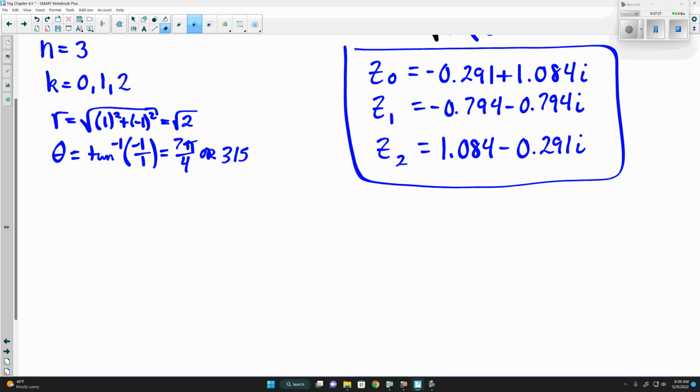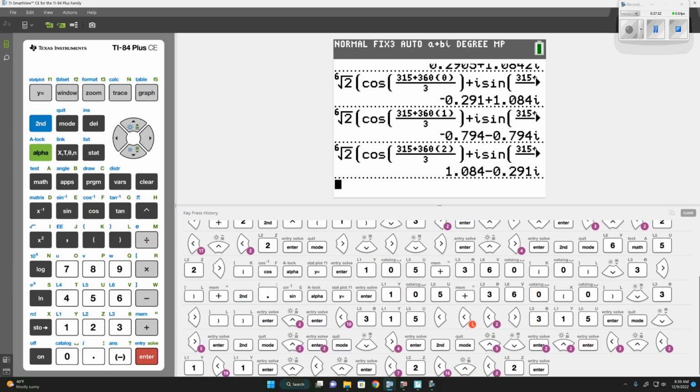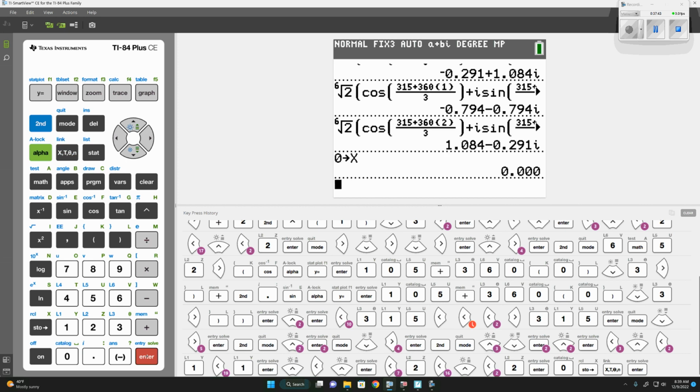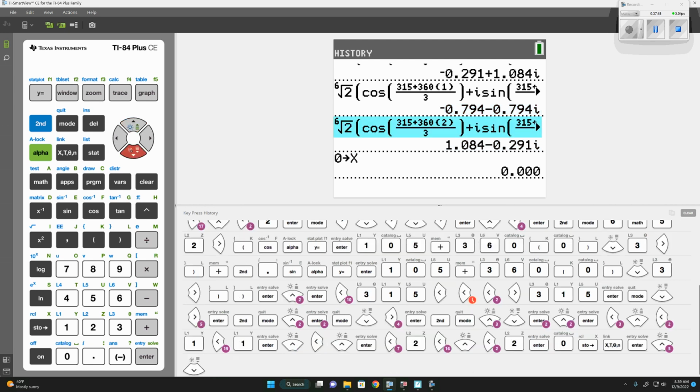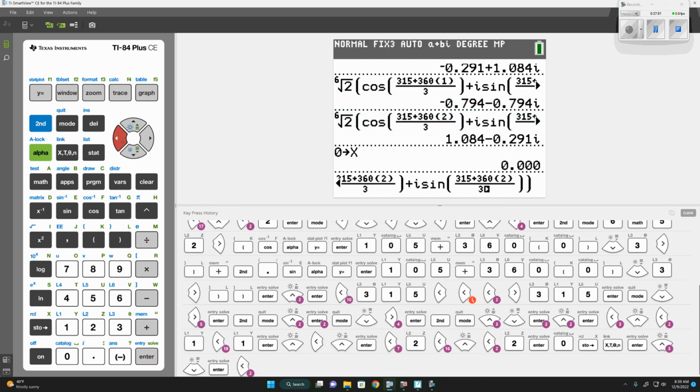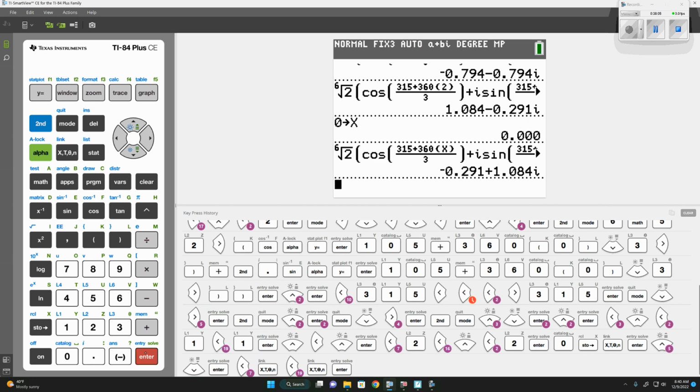There are different shortcut ways we could have done this. When I say shortcuts, it's really manipulating the use of different parts of the calculator. What I could have done is said 0 store x, so x is 0. And when we type this in originally, instead of putting a number there, I could have put in x, and there's our first value.